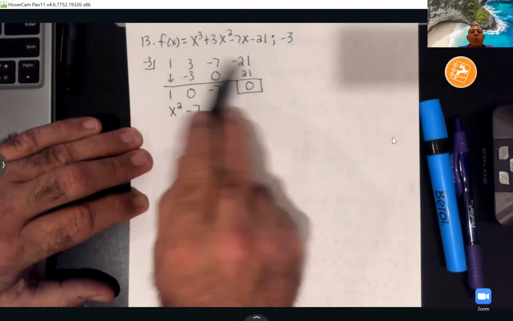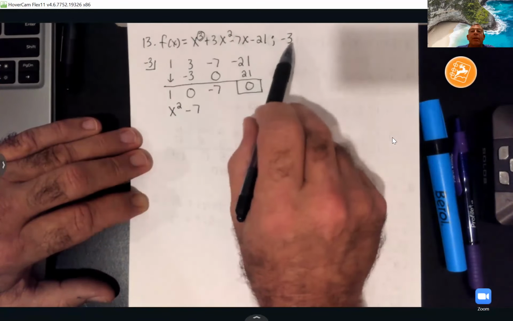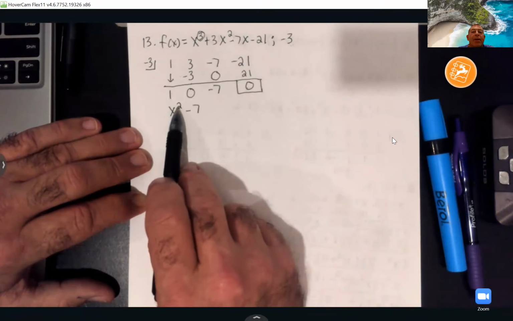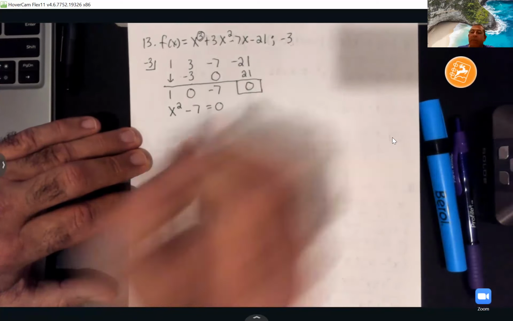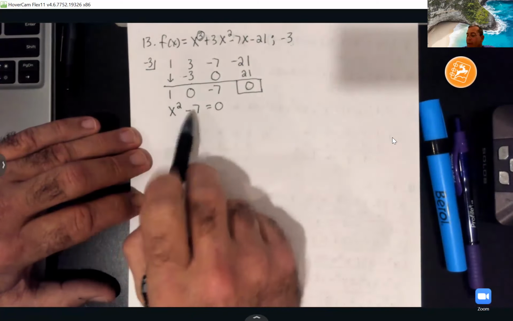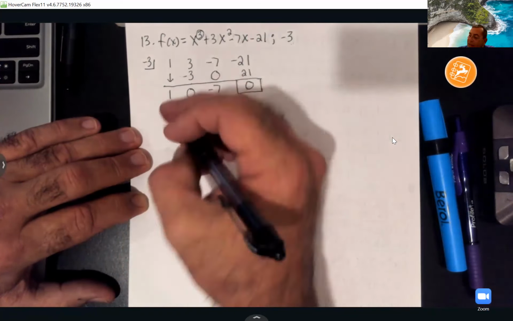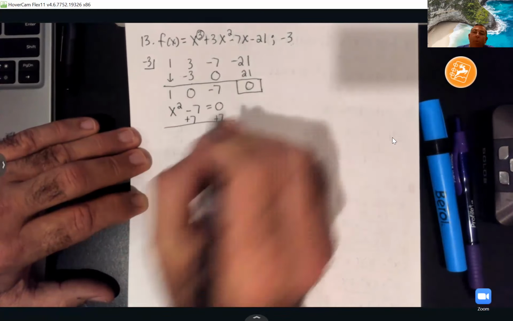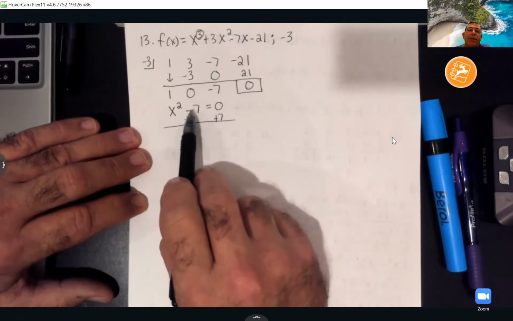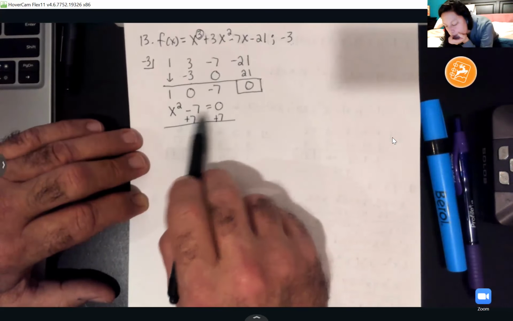Remember, the degree 3 tells me I got 3 zeros. They gave me 1, so we have to find the other 2 right here. Set that equal to 0. The easiest way to solve this is to add 7 to both sides. Actually, it's the only way, because 7 doesn't have a square root, so you're not going to be able to factor it.